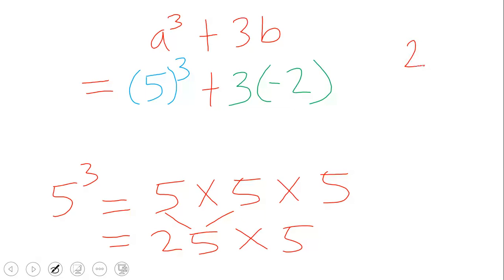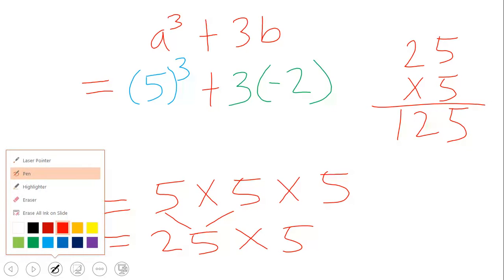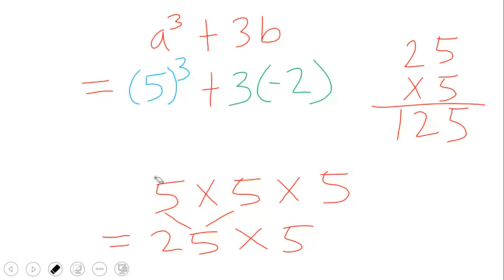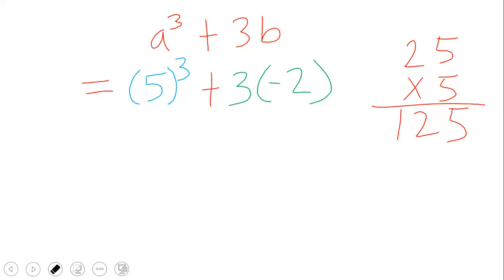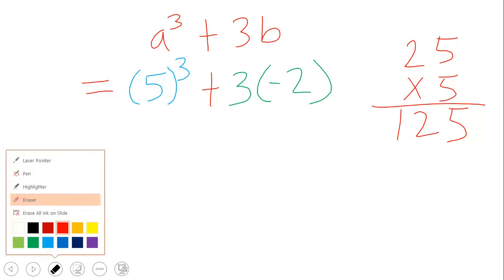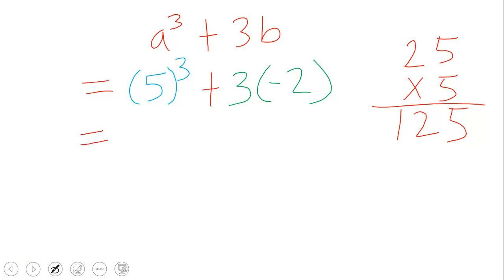But what is 25 times 5? Indeed, 25 times 5 equals 125. So let's write that. 5 cubed equals 125.